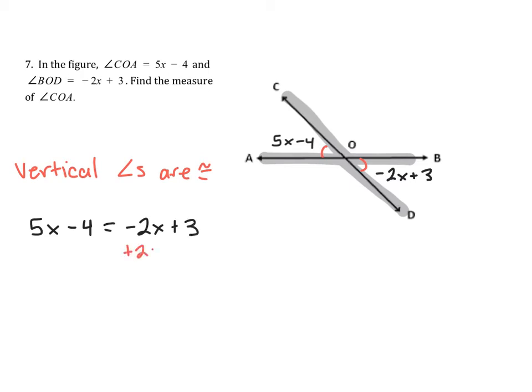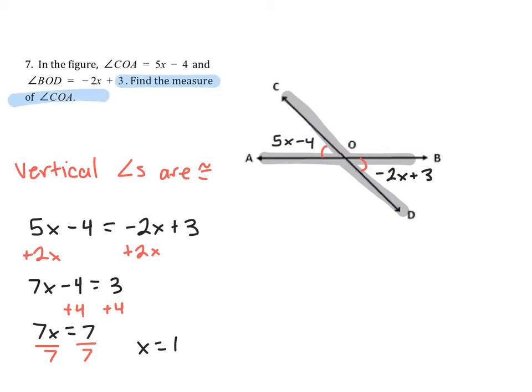And then from here, we can solve. So let's add 2x to both sides. And then we can finish solving for x. So we get x equals 1. But if you read the question carefully, they want us to find the measure of angle COA.